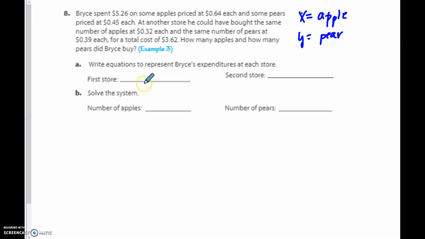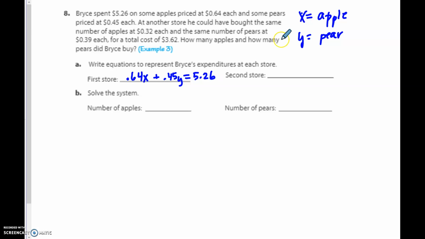So the general equations we're going to first have, from the first store, is 64 cents per apple, and 45 cents per pear, and he spent $5.26.